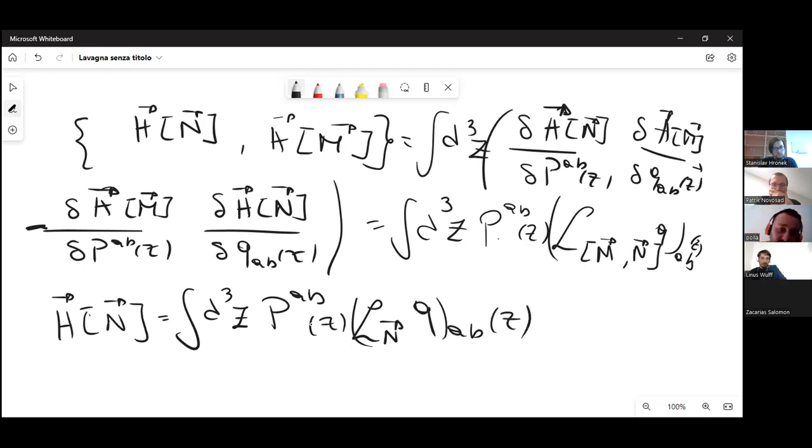That's another way to write this smeared vector constraint by integration by parts. And so what this Poisson bracket does between one and the other is just to shift itself.